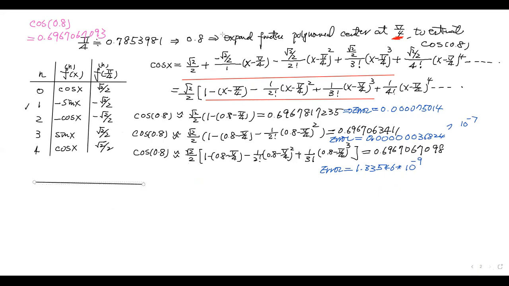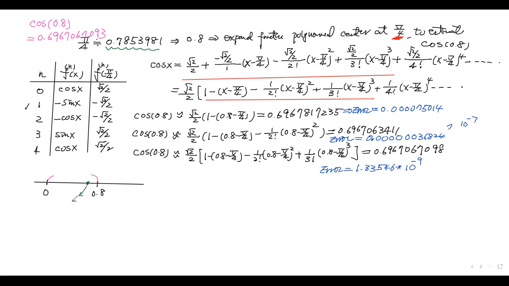So in here the center is 0, right? So you want to estimate 0.8. If you center from 0, this is how far away. But if you center at pi over 4, we say pi over 4 is about 0.78, so it's here, right?